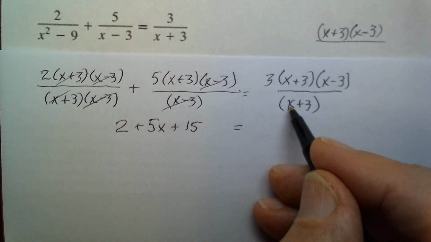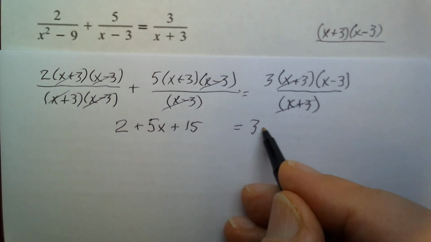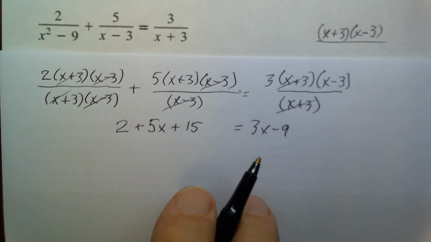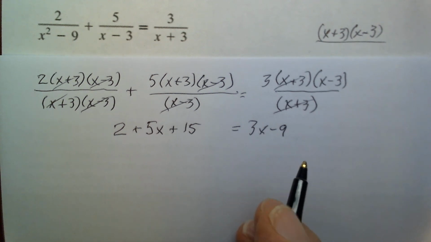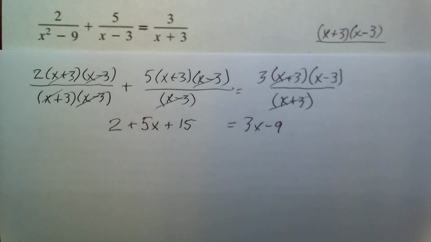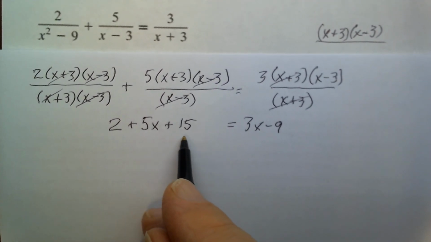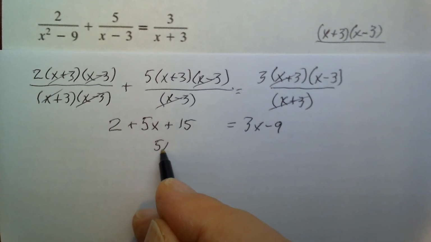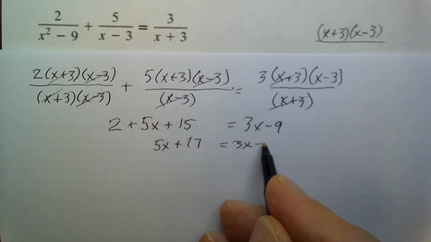And on the right side, we can cancel the x plus 3 against the x plus 3, and we have 3x minus 9. And this is simply a linear equation, one variable in x. So when we collect like terms, we have 5x plus 17 equals 3x minus 9.